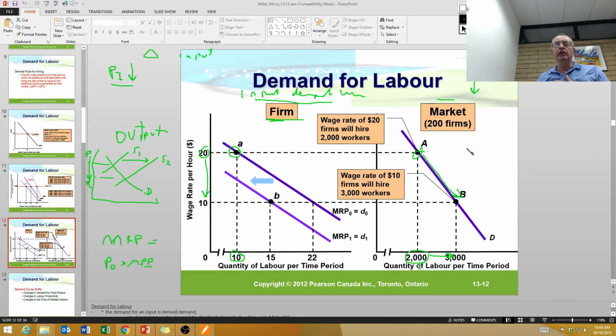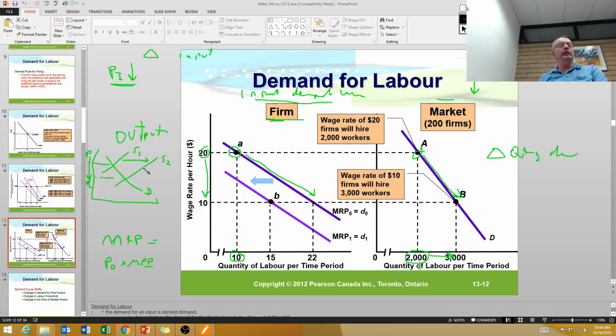So when the price of the input declines, we have two effects. We have a change in quantity demanded of the input, so that's moving along the demand curve.